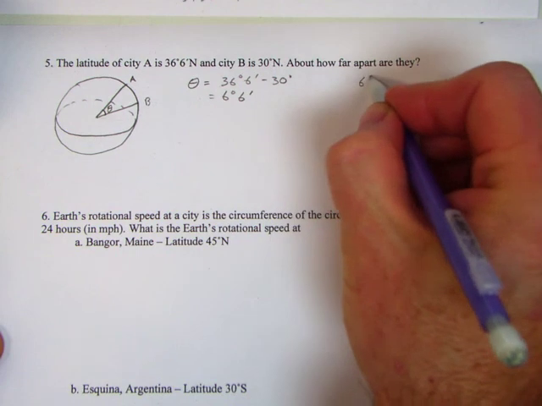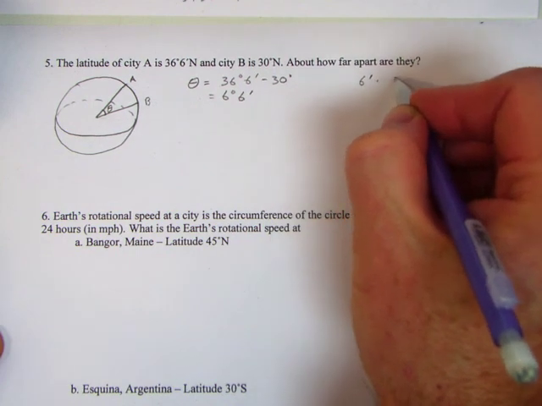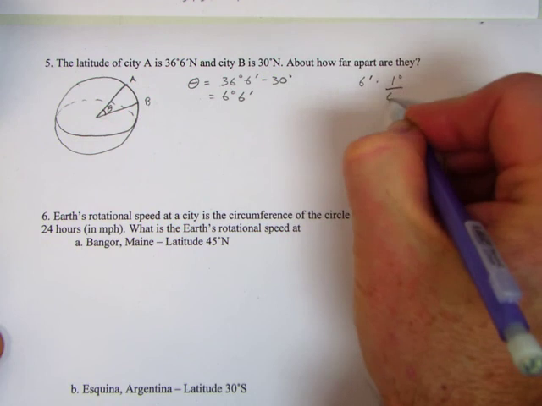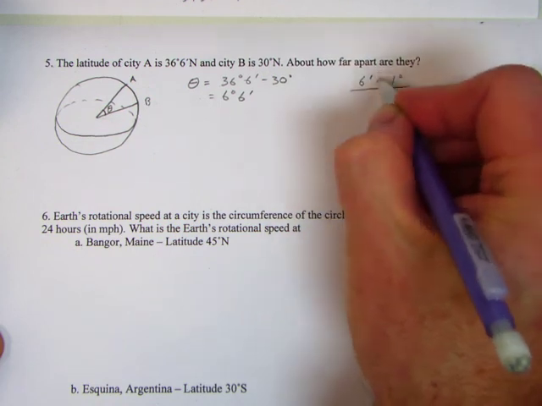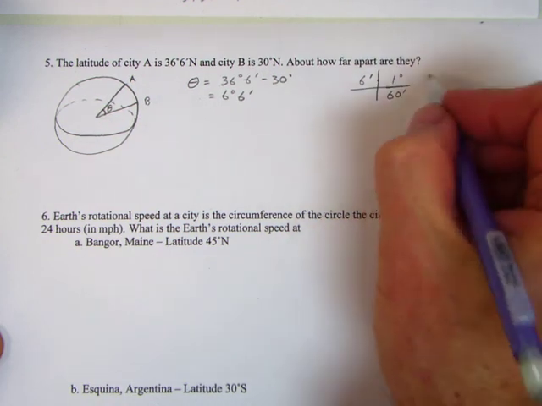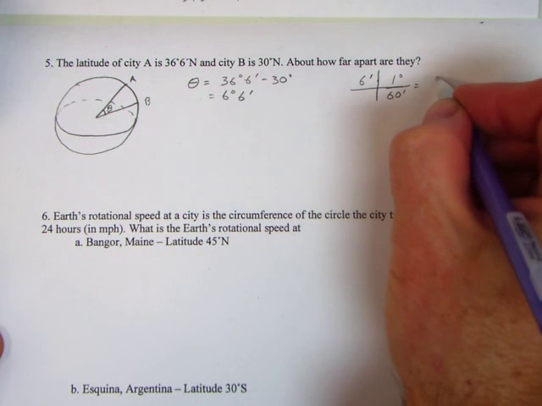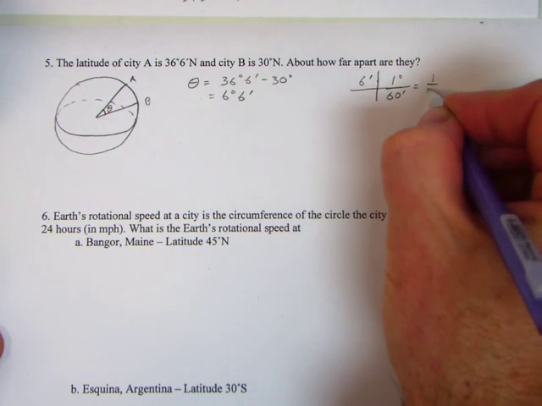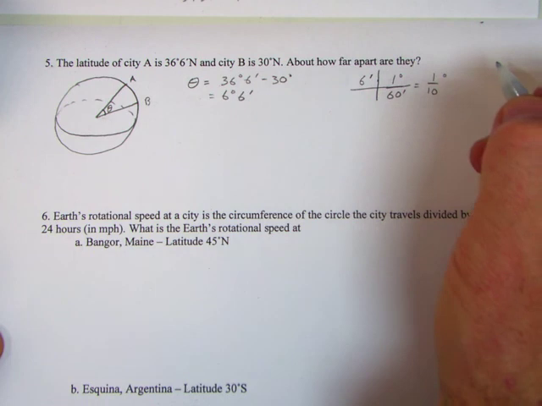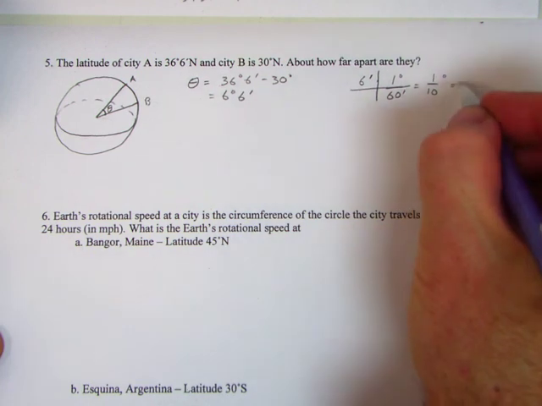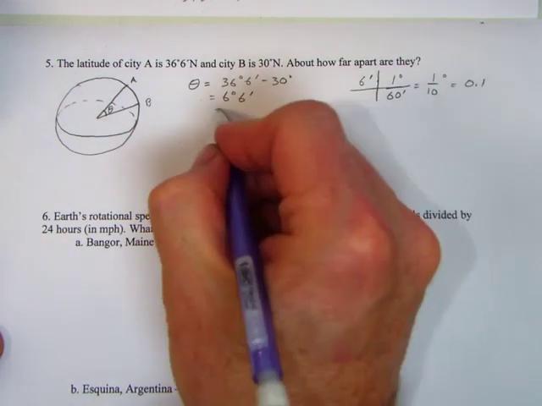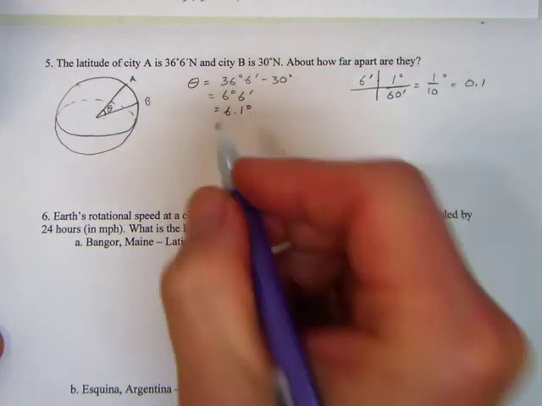So what would that be? 6 minutes times 1 degree over 60 minutes using our railroad track stuff. So we reduce that out and we get 1/10 of a degree, or in other words, just 0.1. So this is equal to 6.1 degrees.